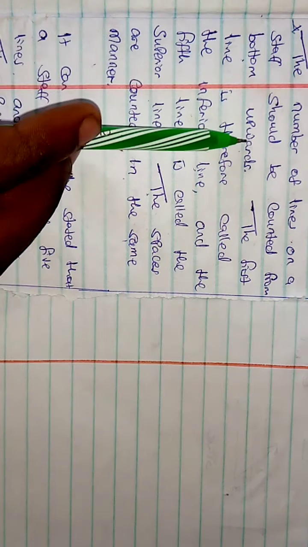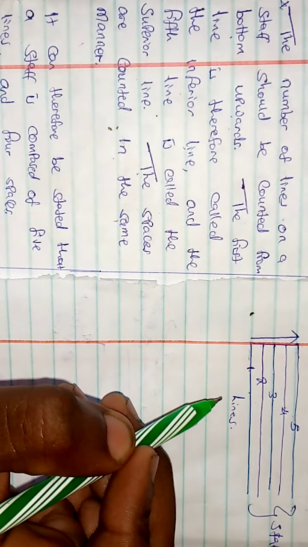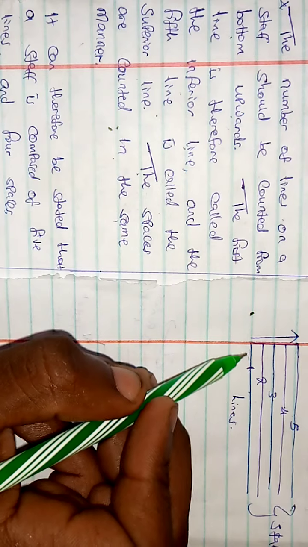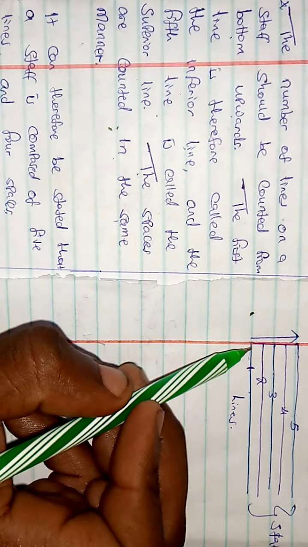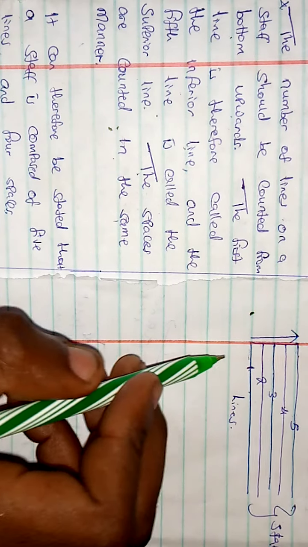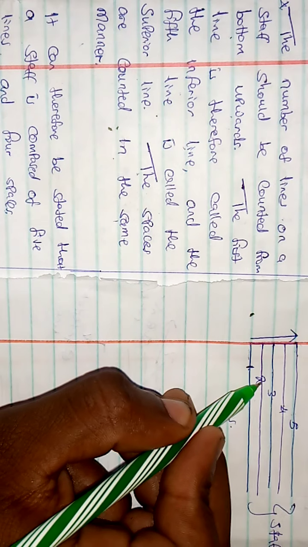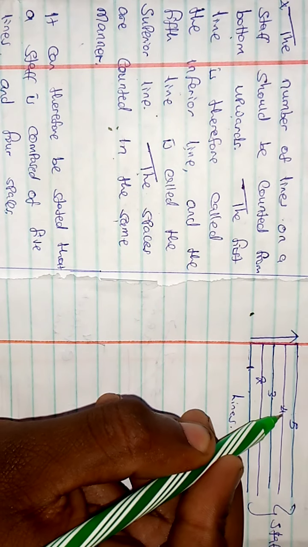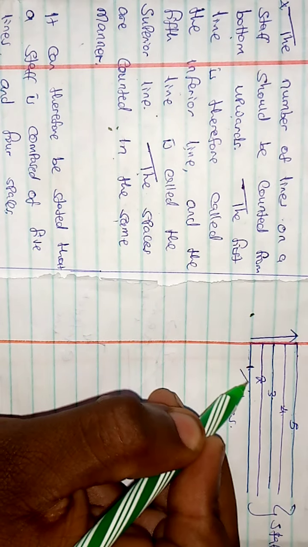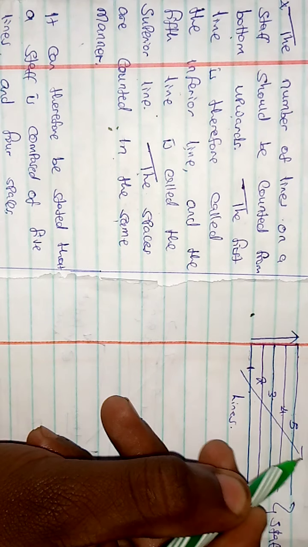The number of lines on a staff should be counted from bottom upwards. That is line 1, line 2, line 3, line 4, line 5, counted from bottom upwards.